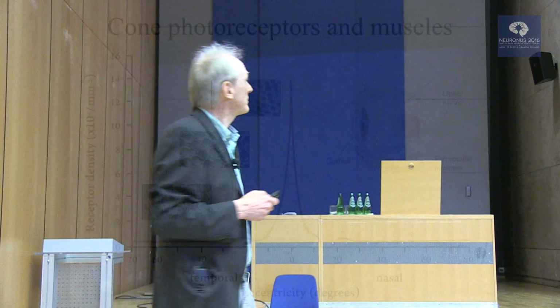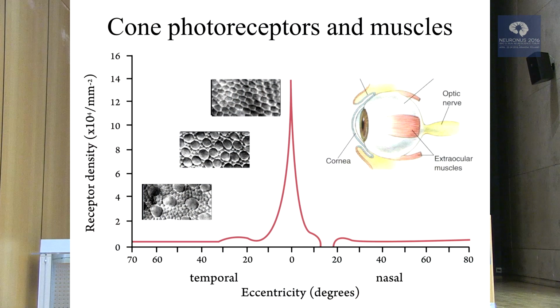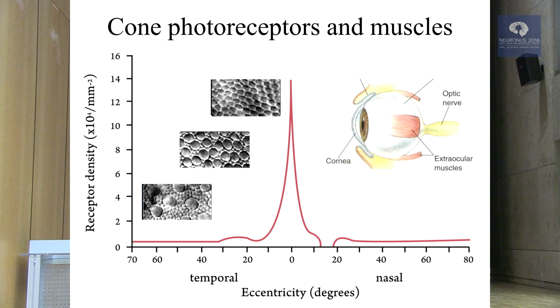So there's probably a reason why people use the fixation spot, and it's a very simple reason. The reason is that the retina is not homogeneous at all. Instead, if you look at the distribution of photoreceptors across the retina, here the density of the cone photoreceptors is plotted on the y-axis. You see that they're very densely packed, close to 100 or 200,000 cones per square millimeter at the center of the retina in the fovea.